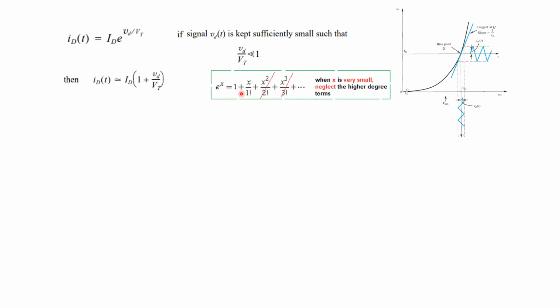Same technique we can apply, because in our case this term is also very small. So we can write it as ID times 1 plus vd over VT, that is 1 plus x. So this is the small signal approximation, and this is valid for signal where amplitude is smaller than 5 millivolt.